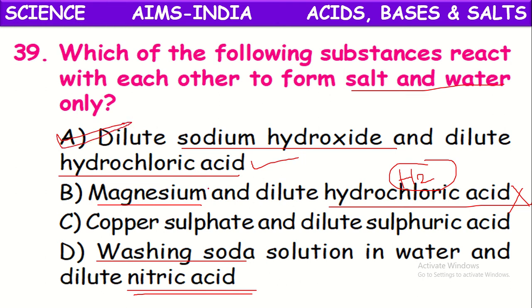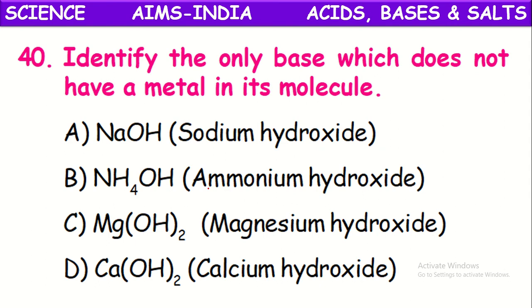Okay. Next, identify the only base which does not have a metal in its molecule. Yes, there is only one base without a metallic substance in it. Generally, bases are formed by metallic oxides or metallic hydroxides, but there is one base which does not contain any metal.